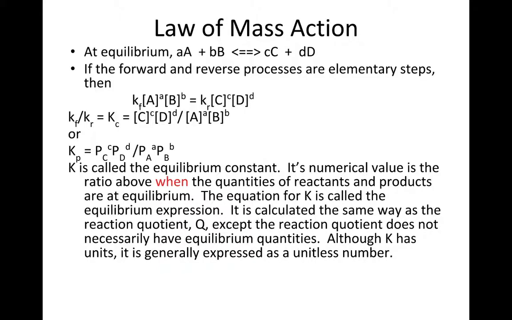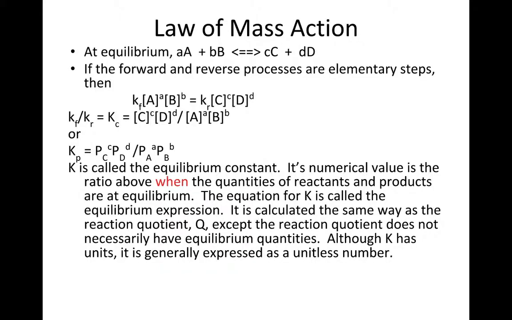If it were, say, a gaseous equilibrium, we could look at the amounts of C, D, A, and B in terms of the partial pressures of those gases. So the partial pressure of C raised to the little c power, the partial pressure of D raised to the little d power, divided by PA to the a, PB to the b. If we were using pressures in atmospheres, we would say Kp, P for pressure.